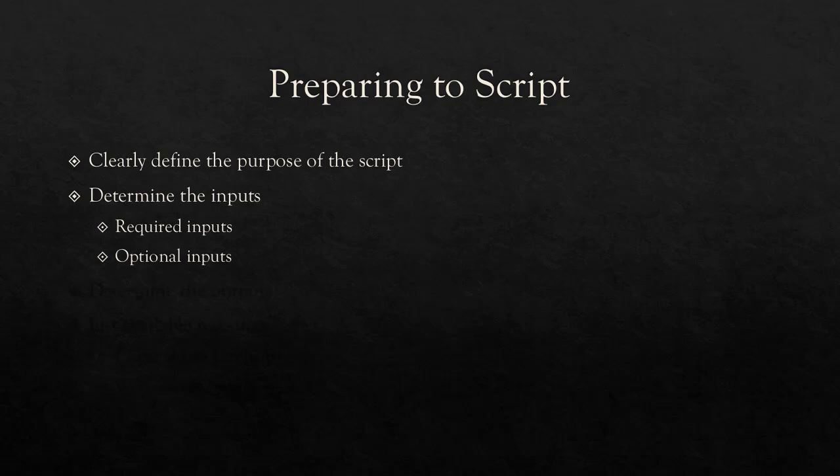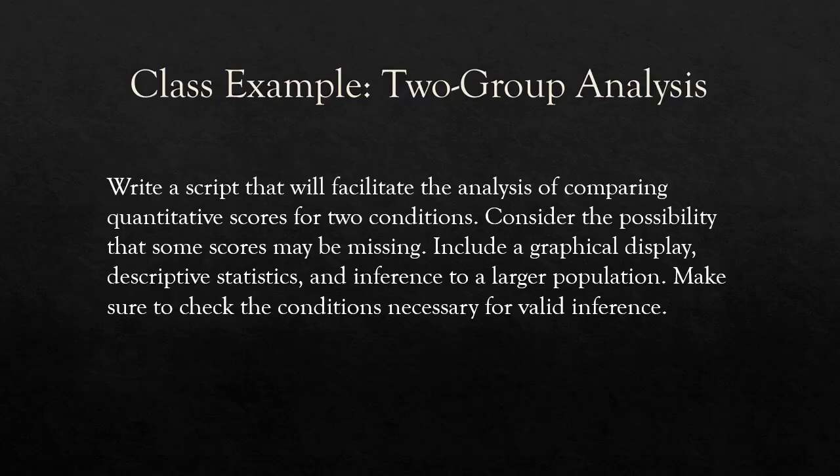So understanding the purpose of the script will help determine the inputs as well as the outputs. That is specified here include a graphical display, descriptive statistics, and inference to a larger population. Now we can be more specific about these outputs, drawing on our statistical knowledge.